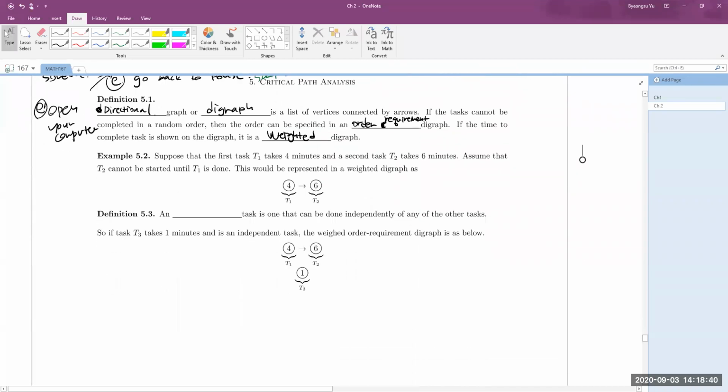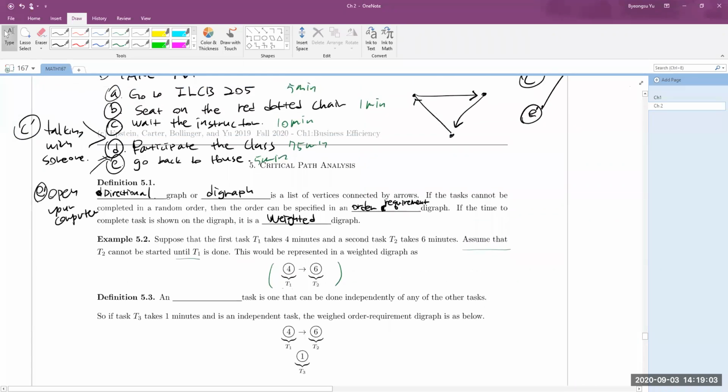Okay, so let's do some examples. Suppose that the first task T1 takes 4 minutes and the second task T2 takes 6 minutes, and assume that T2 cannot be started until T1 is done. Then you can see that this is made as T1 to T2, right? So it is just the same as you cannot sit on the chair unless you are in this classroom, right?